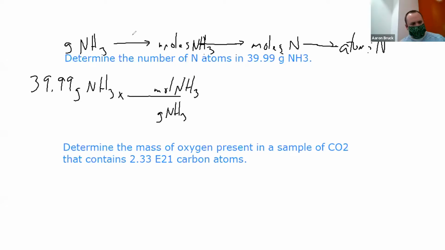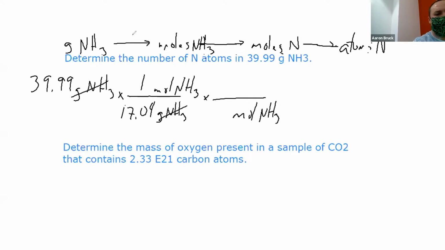Way to do that is molar mass. Molar mass of ammonia, 1 nitrogen plus 3 hydrogens, is 17.04 grams per mole. My grams of ammonia cancel. Now I need to turn the moles of ammonia into moles of nitrogen. That information is going to come from the chemical formula itself.